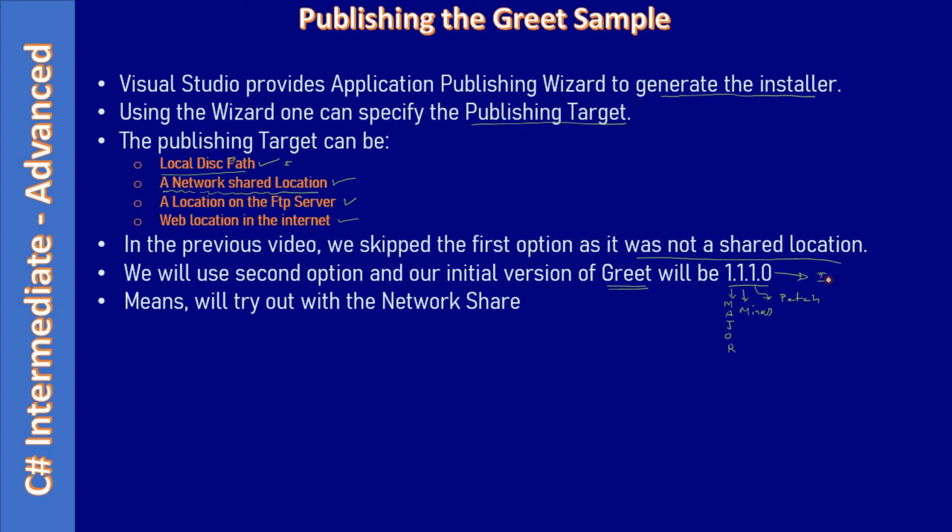So we can say this is an internal build number. Major version is important, and for minor version, any addition of a new feature is minor, and when there is a big change, that will be considered a major version. Patch is for bug fixes, and this is for the internal build number.